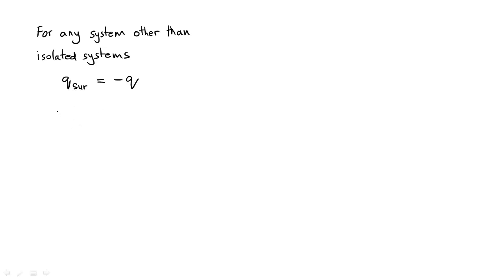The change in entropy of the surroundings for this process is equal to Q of surroundings reversible by T, and this is equal to minus Q by T. For the surroundings, the heat absorbed is the negative of the heat released by the system, and it is always reversible because the surroundings have a very large heat capacity and their temperature is always constant and always in equilibrium with the system.